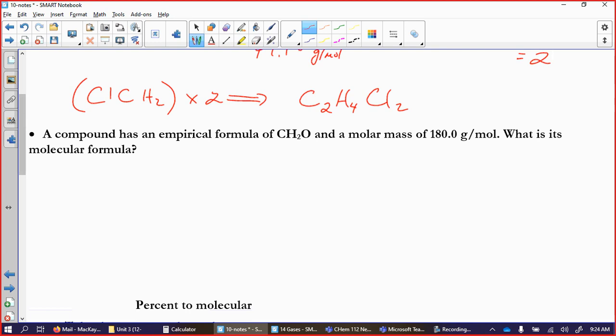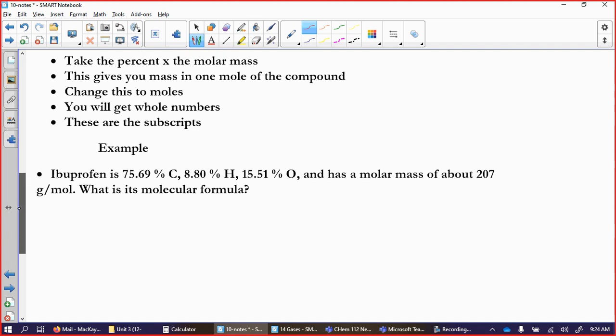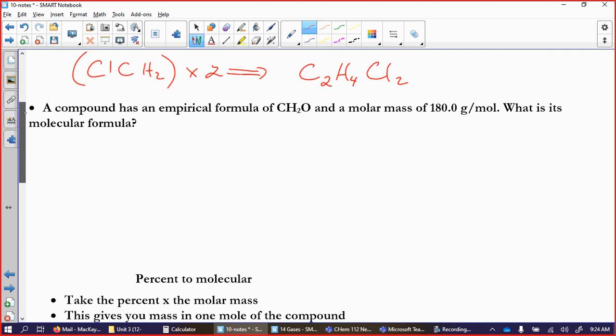I'm going to do one more, and then there's take the percent mass. The molar mass gives you an interchange of moles. So that's the molecular formula. This is the same thing. Find the empirical formula. It's just a combination of the two.